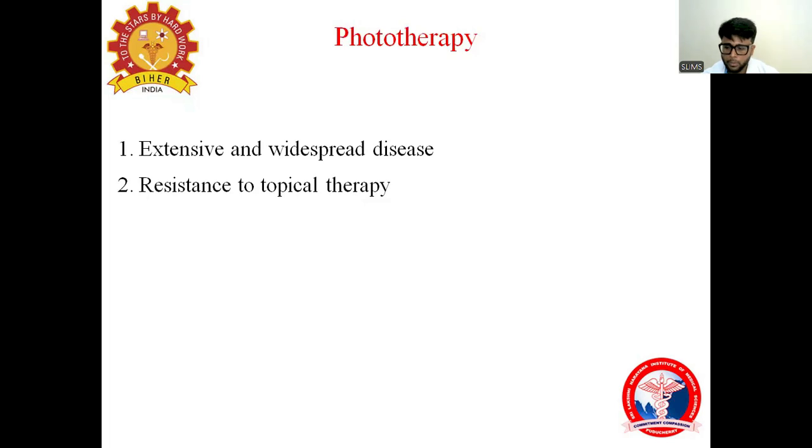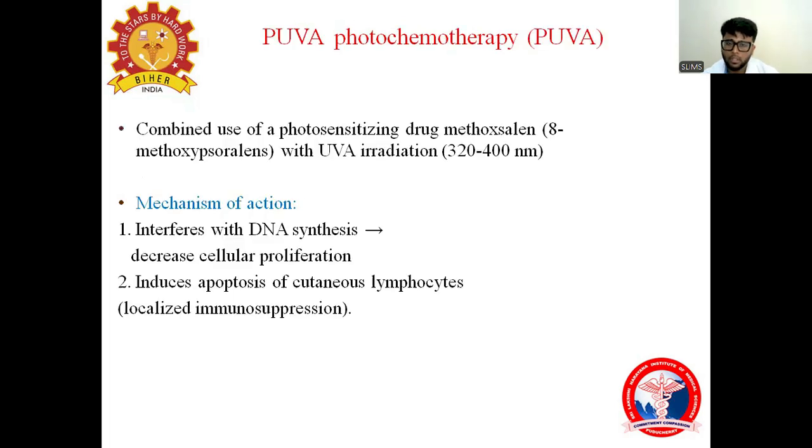So what are the different options? First, phototherapy, like NB-UVB and PUVA. First, we prefer NB-UVB over PUVA because PUVA has several complications, like gastritis, and photosensitivity is very common.